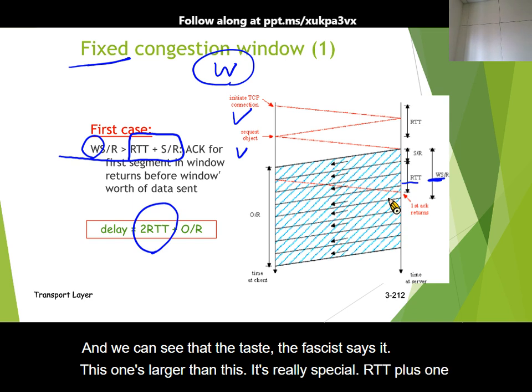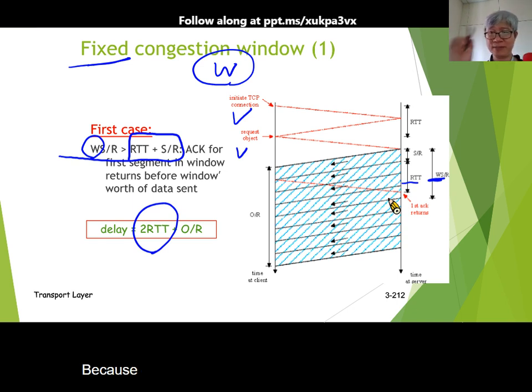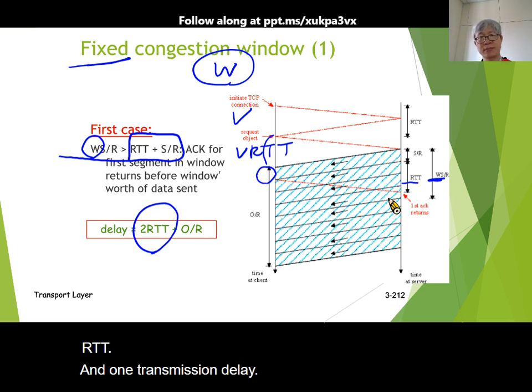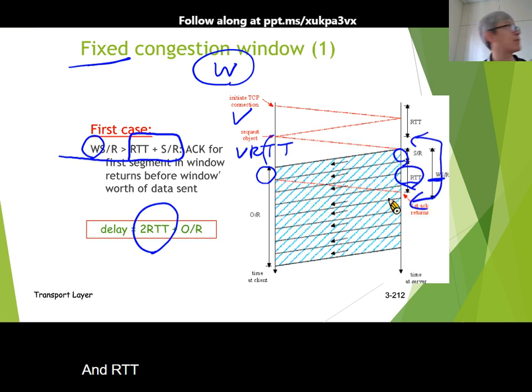Why? Because of this: RTT and 1 transmission delay. Or maybe this one, 1 transmission delay and RTT. So the window size is greater than that. Then what happens?